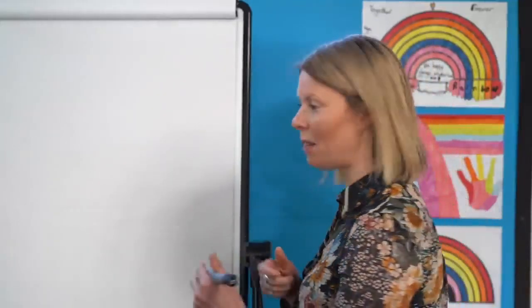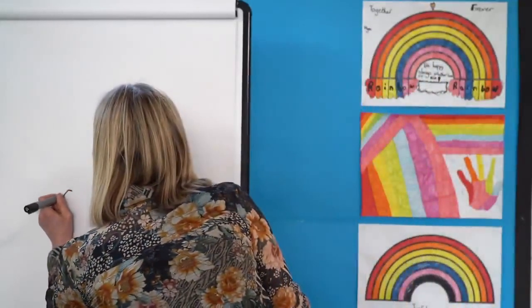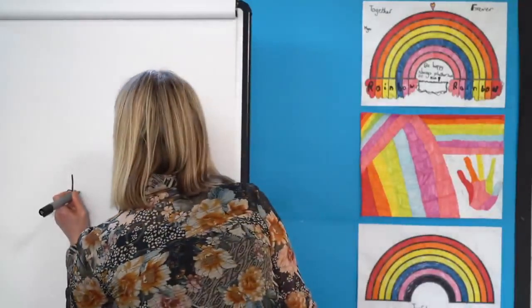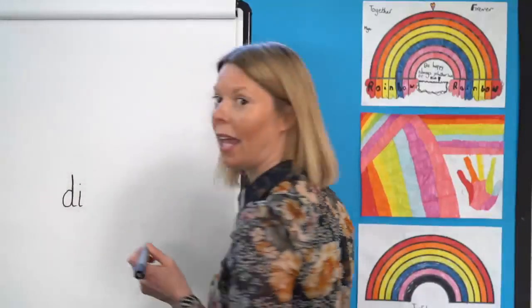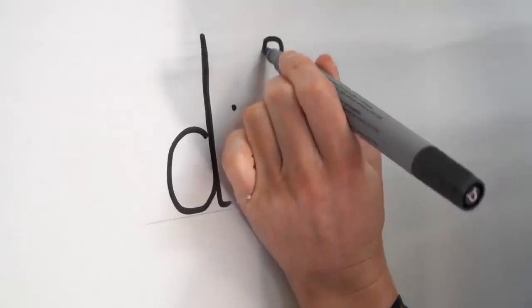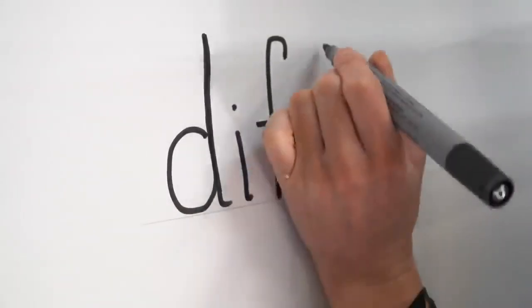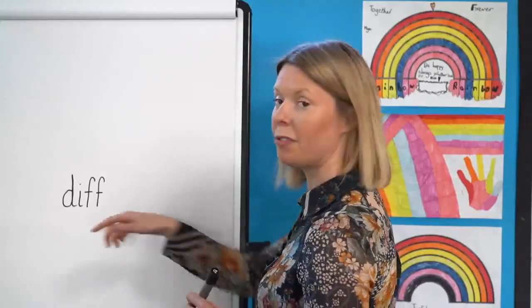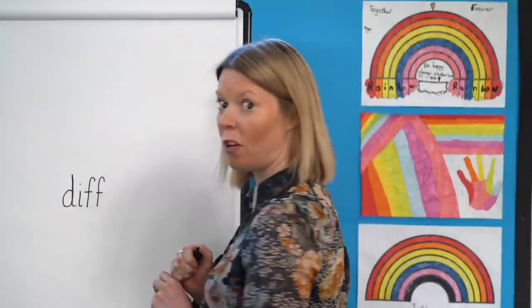The first bit is easy. D. I. Then our digraph, F. And the next bit is tricky.